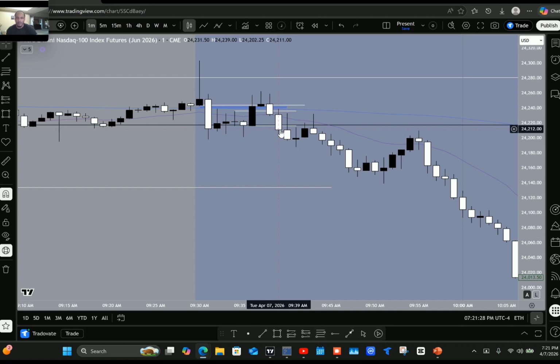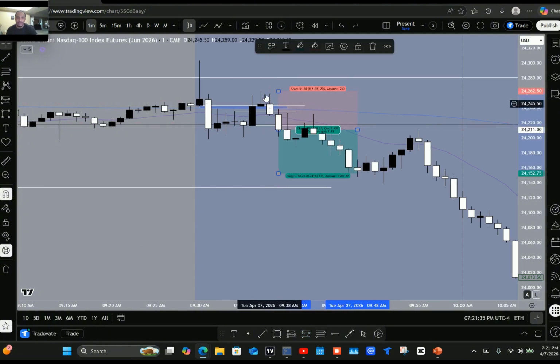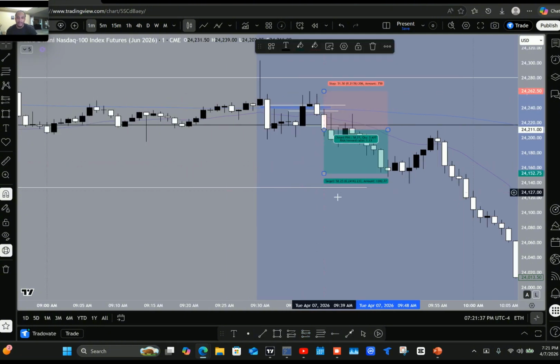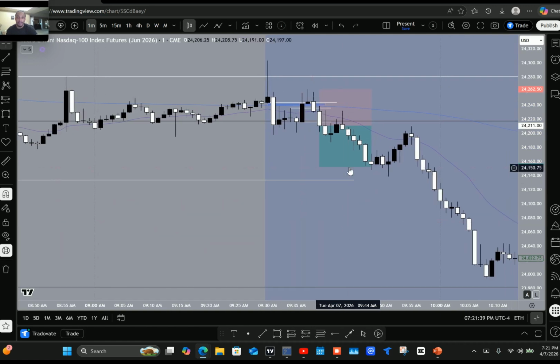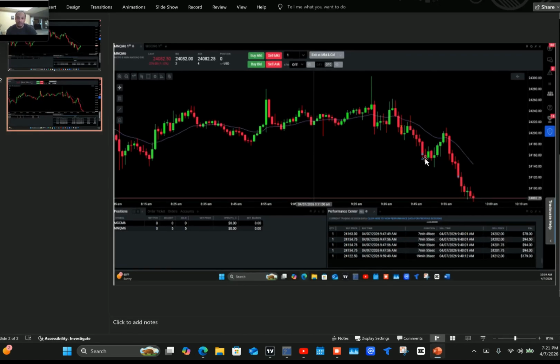All right, so this is where I took my entry here with the stop loss above that swing high. Of course, I got out at the 1-to-1, as you saw on the screenshot. Pull it back up right here. Got out right there.